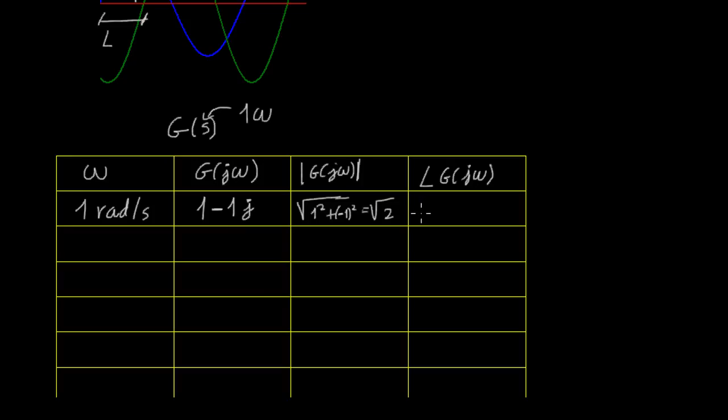Similarly, there's going to be certain phase shift, which is given by the arctangent of the imaginary part over the real part, that's minus 1 over 1. And I think this is minus π over 4, or if you prefer, minus 45 degrees.